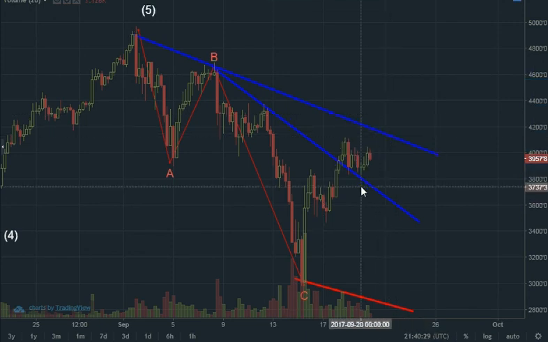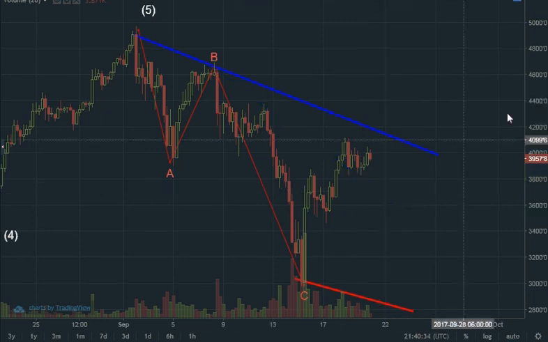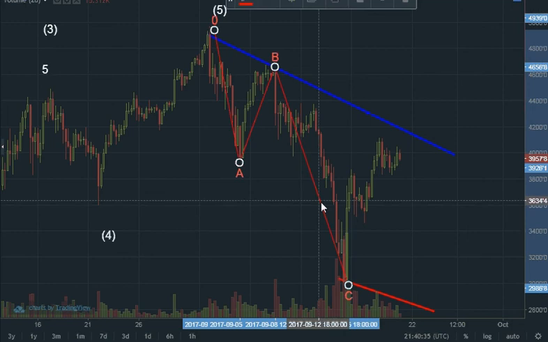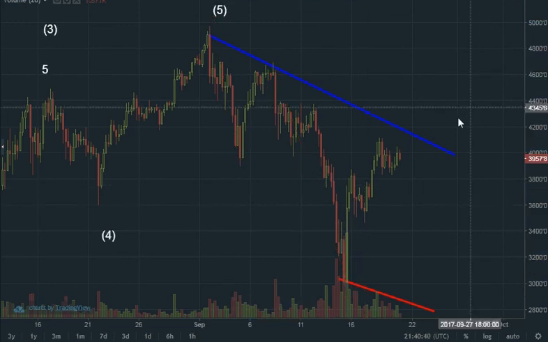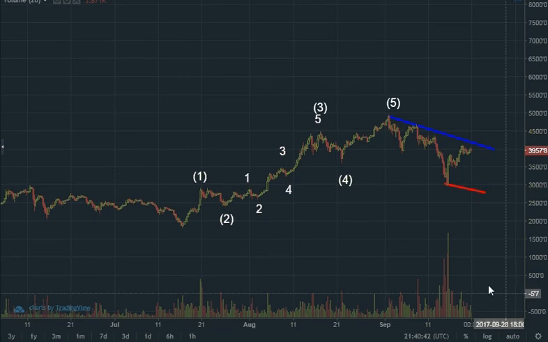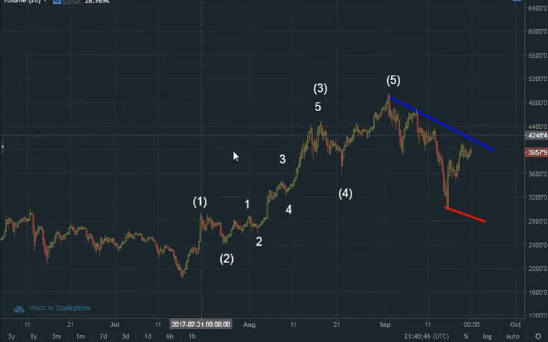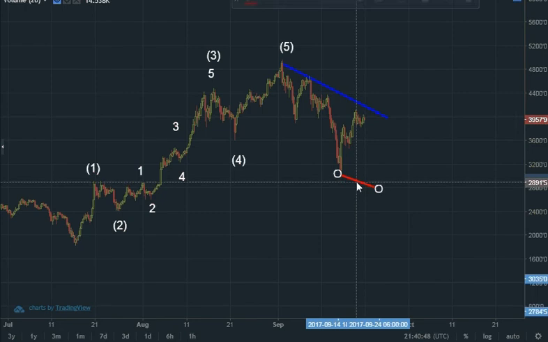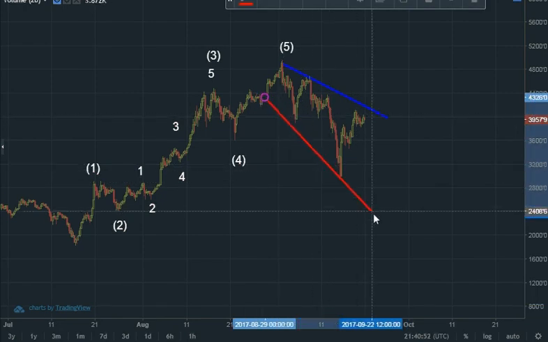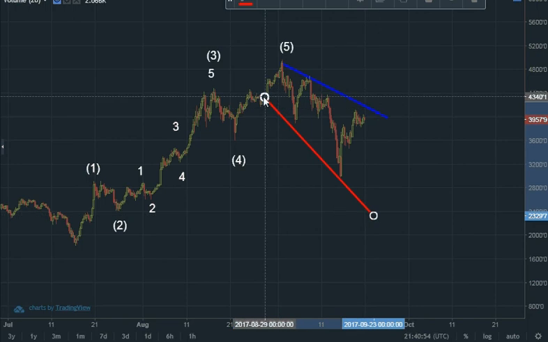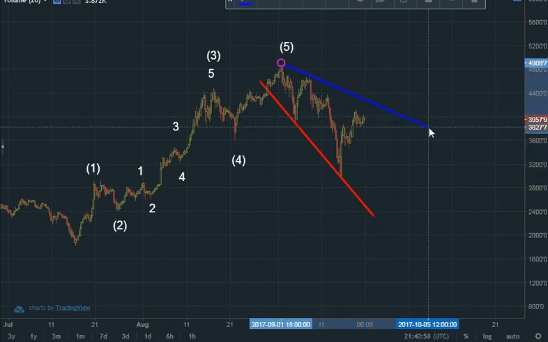What I am concerned with still is this broadening megaphone pattern.